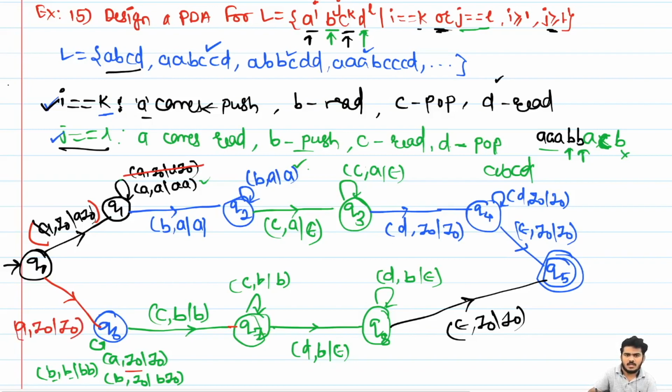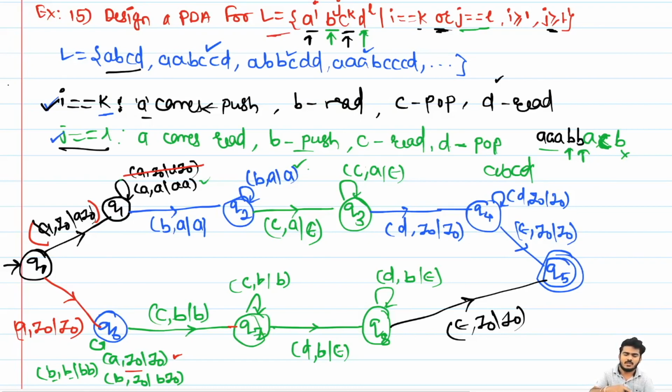But here I am not removing this transition, because if I get more A's here, then using this transition I will read those A's. Okay, so this is the complete NPDA, that is, the non-deterministic PDA for this particular language.